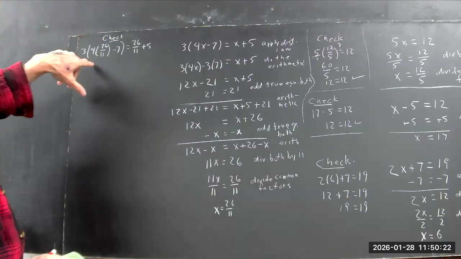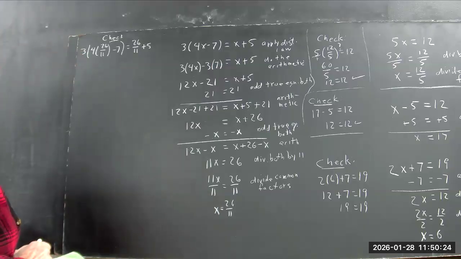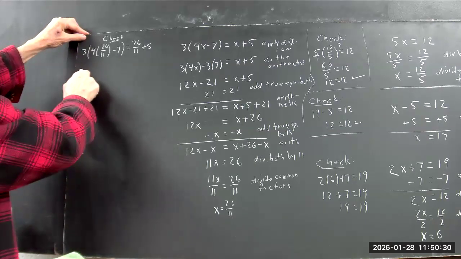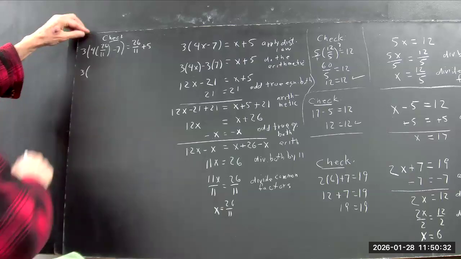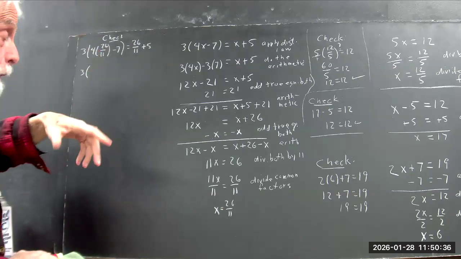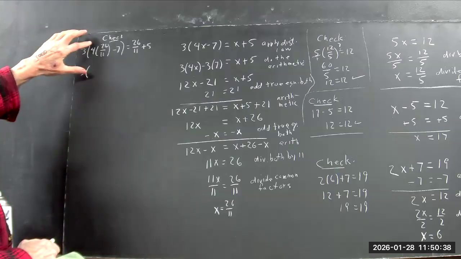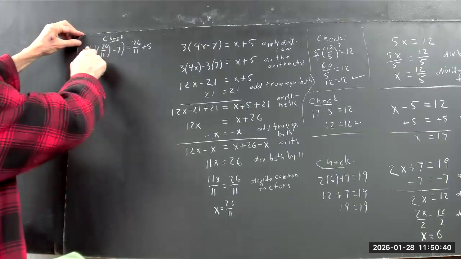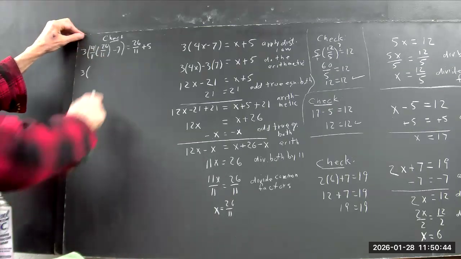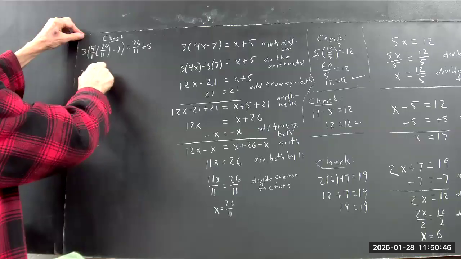Well, I'm going to multiply through by 3 here. I'm going to do it in a couple of extra steps. 4 times 26 over 11 can be multiplied out. Think of that 4 as 4 over 1, and 4 times 26 is 104.